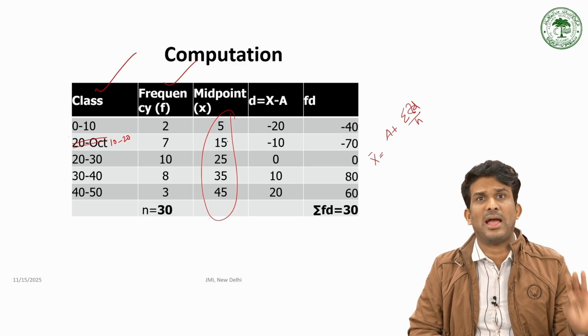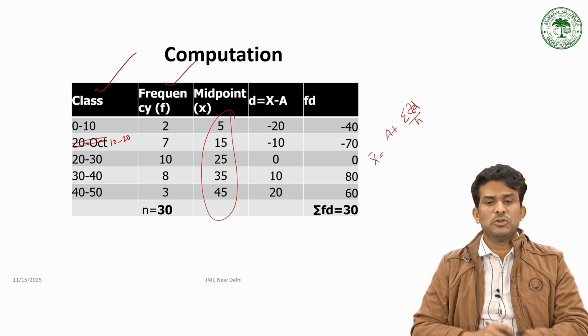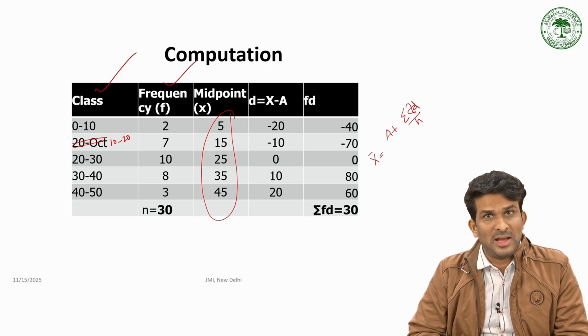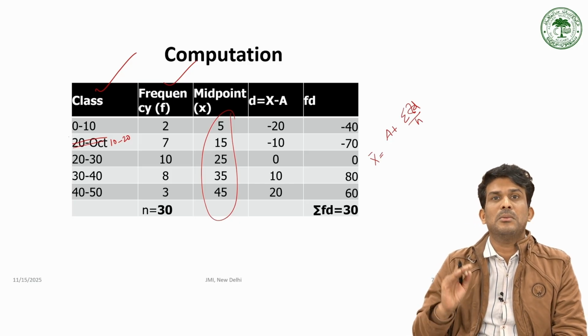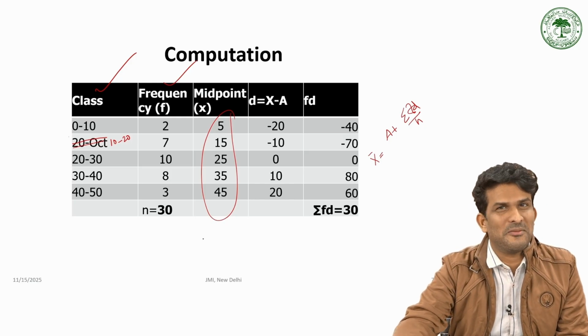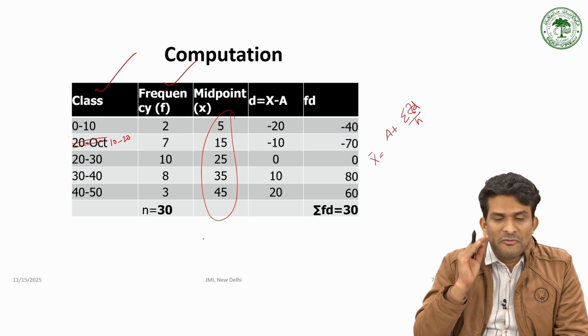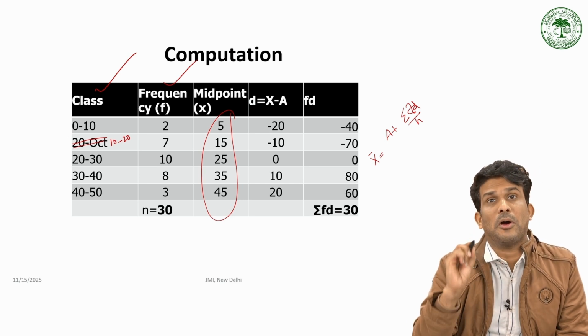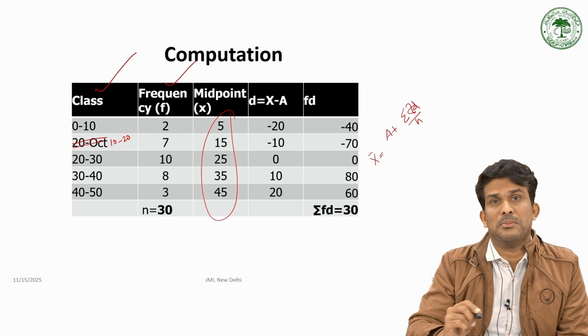Assume any value as midpoint. Any value means any value from among the midpoints. We have mentioned the midpoints now. Now from among the midpoints, assume any midpoint as assumed mean.